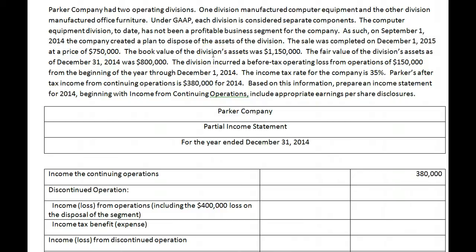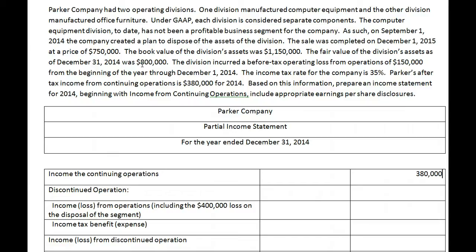So we're starting at the same point. There's only one difference between what we just did in that first problem and this current problem, and that is the fact that at December 31st, 2014, we had not yet sold the division. It is held for sale, but we haven't actually sold it yet. So in that case, what we have to do is check for an impairment loss. An impairment loss occurs when the book value of our assets is greater than their fair value.